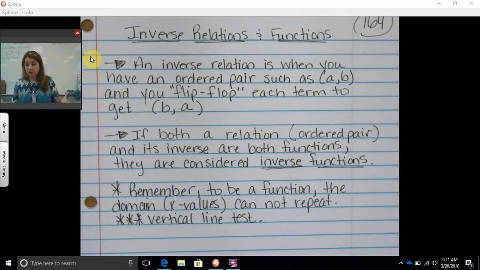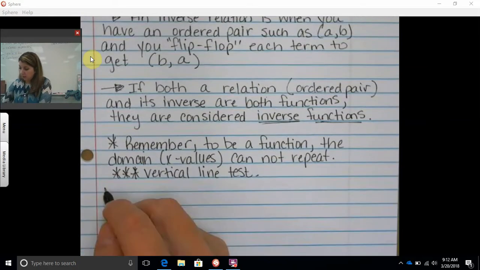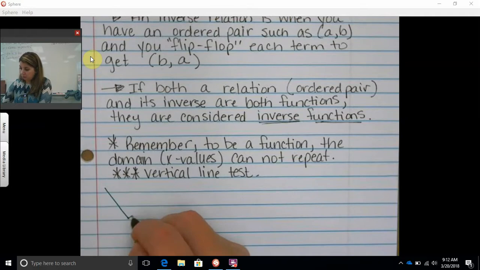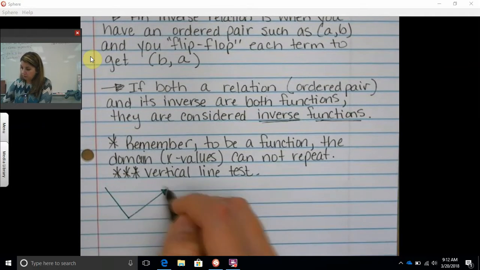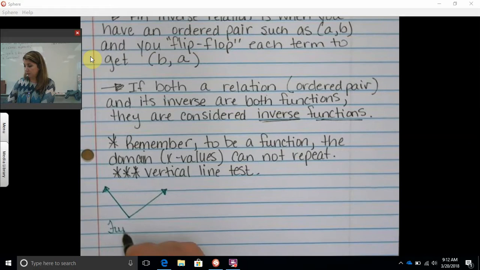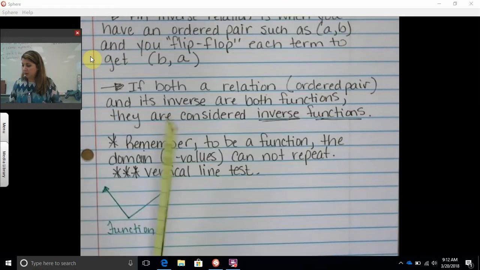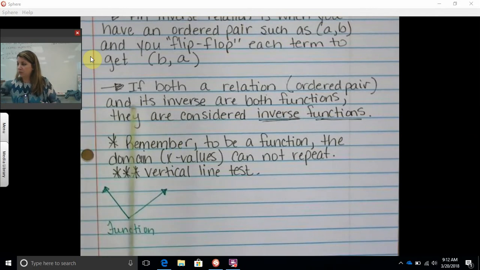Okay, so let me just draw some examples of what is a function and what's not a function, just to refresh your memory. If you had this graph, is that a function or not a function? Function. Because if you took a vertical line and placed it anywhere on the graph, there's no place where that graph crosses or touches your vertical line in two places.